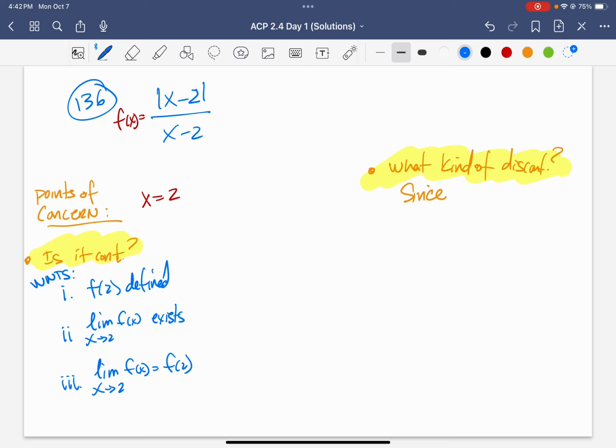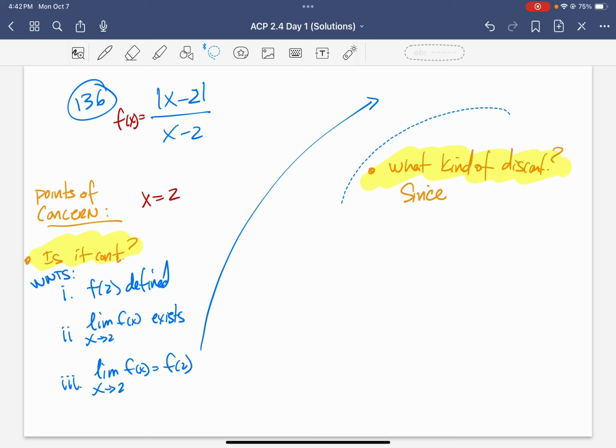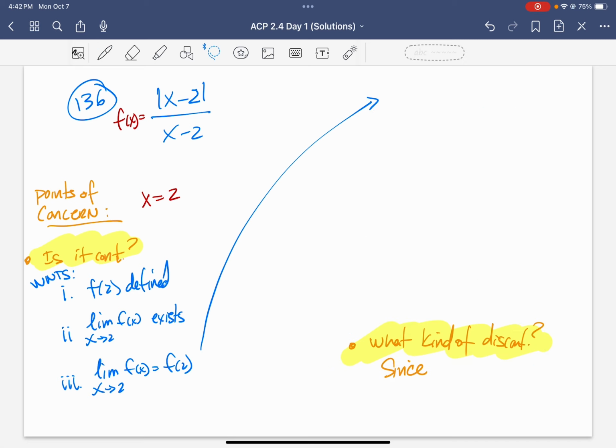Let's come over here and check. Right. Take all of this, move it down. So what we get is we do the first one and do f of 2. You end up getting 0 over 0, which is undefined. We know that it's probably a hole, right? Hole question mark.